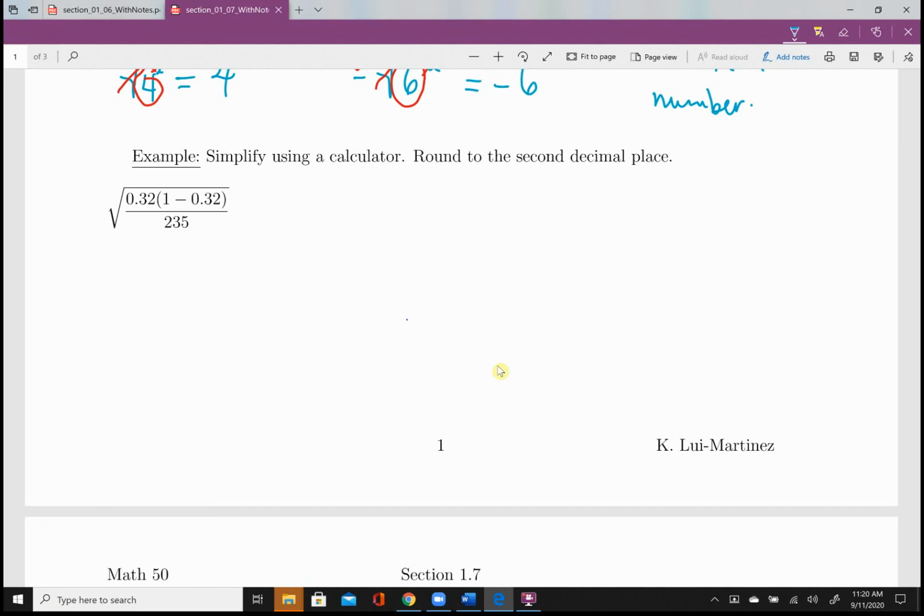Let's start with the 1 minus 0.32. That part, I get 0.68, and then I'm going to multiply that by 0.32, and I get 0.2176. Let's divide that by 235, and then I'm going to take the square root of that number.